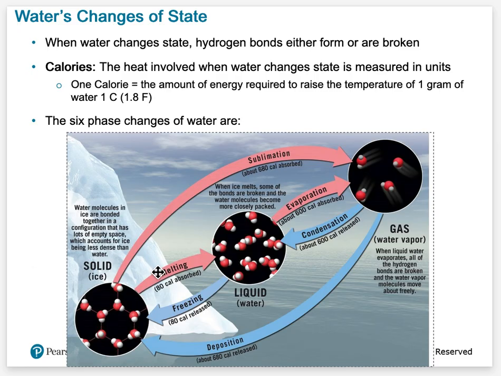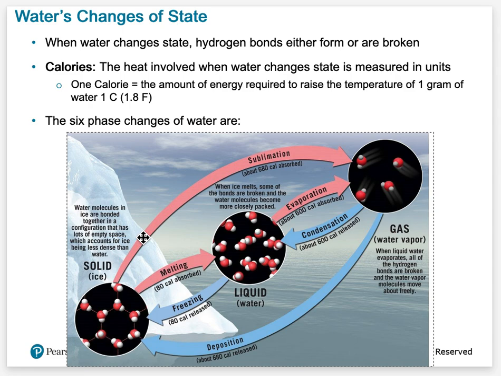And here, through the phase changes of melting to evaporation, the hydrogen bonds are being broken down. And here, in its gas state, the hydrogen bonds are completely broken and the water vapor molecules are moving freely around. Again, like it states in the diagram, water molecules in ice are bonded together in a configuration that has lots of empty spaces, like I pointed out in the previous slide, which accounts for ice being less dense than water.